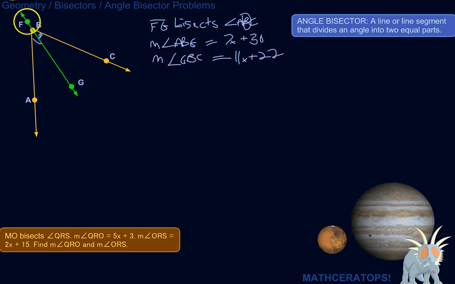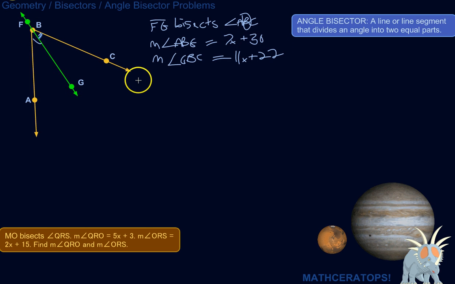Since we know that FG is bisecting ABC, and ABG and GBC are the two equal halves of that angle ABC, that means these smaller angles are congruent to one another. They have the same measurement. So ABG is congruent to GBC.